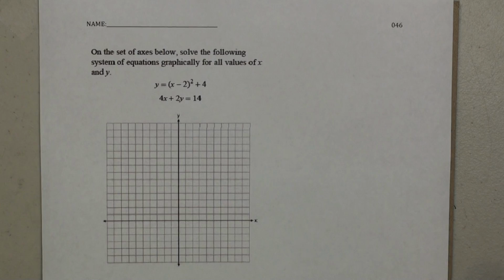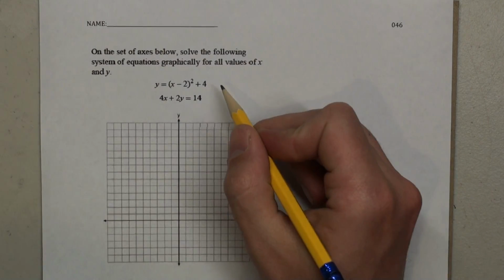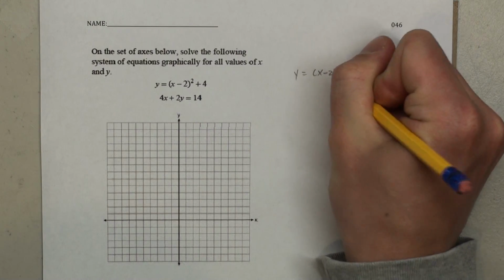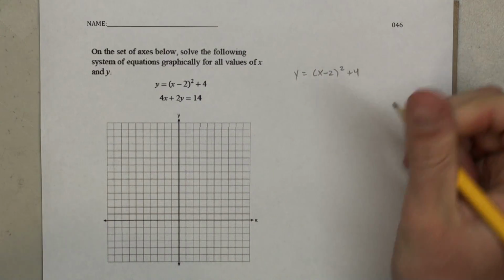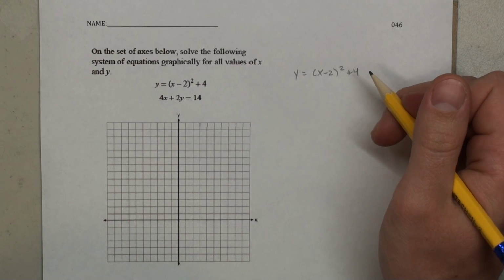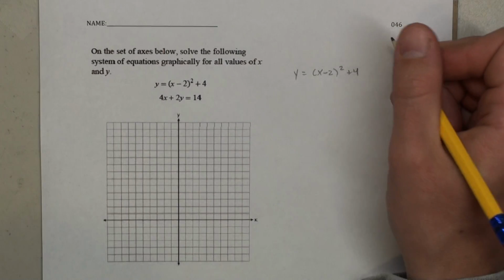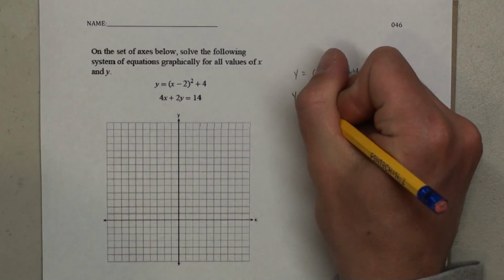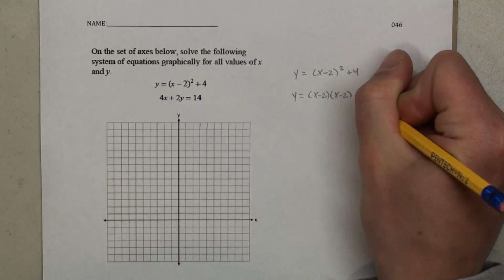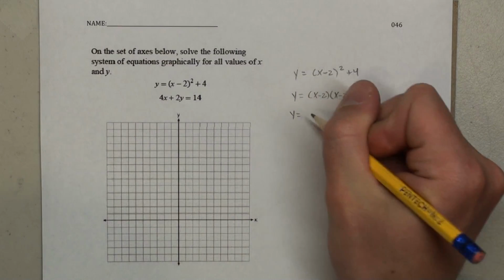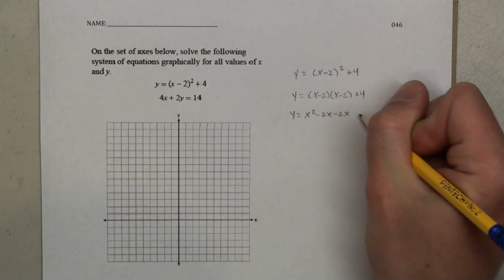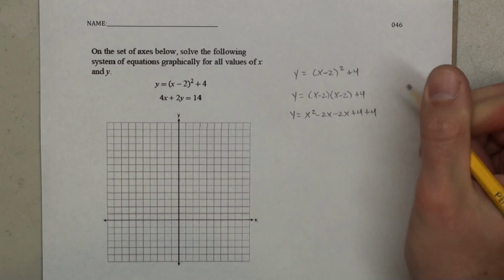Okay? So, first let's work with this quadratic equation. We have to get into y equals ax squared plus bx plus c. So let's start doing that. I hope you guys know FOIL.